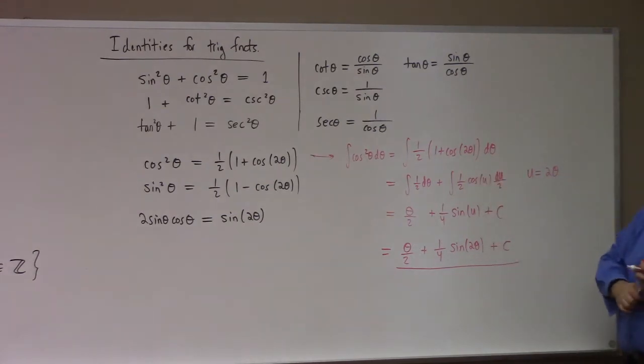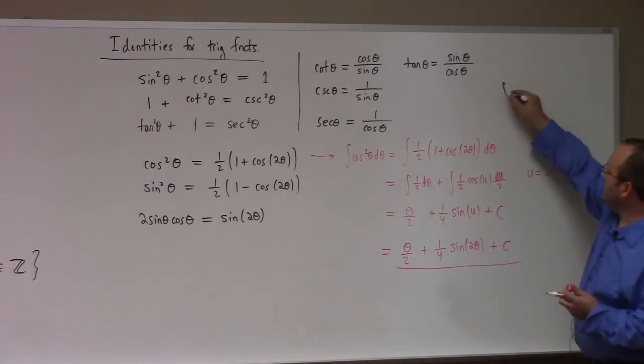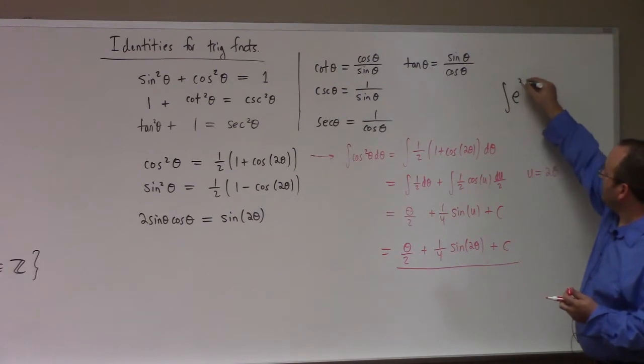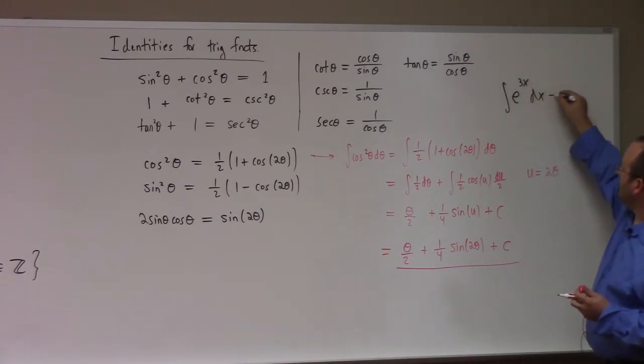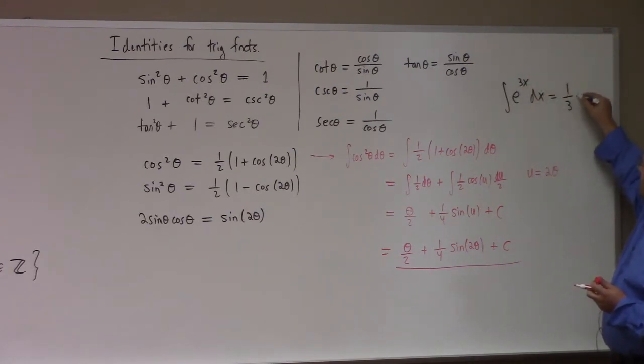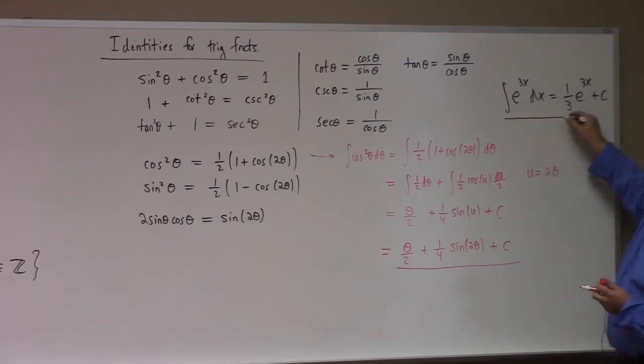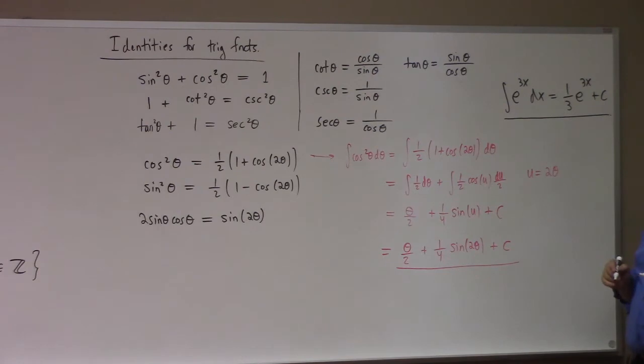Let me illustrate this. If I'm going to integrate e to the 3x dx, here's my work: 1/3 e to the 3x plus a constant. This is such a simple u substitution. It is not worthy of our lead or ink.